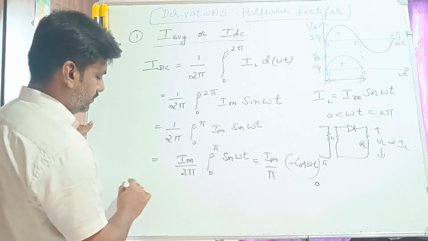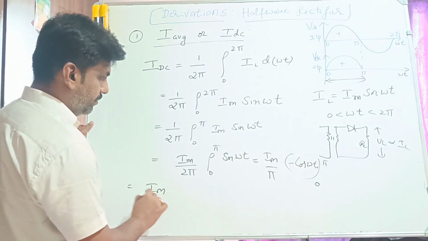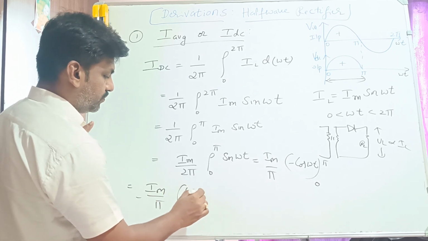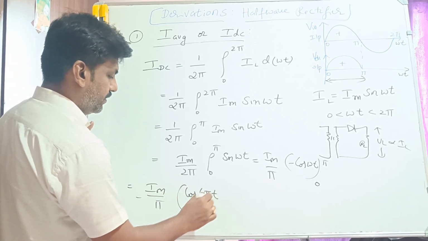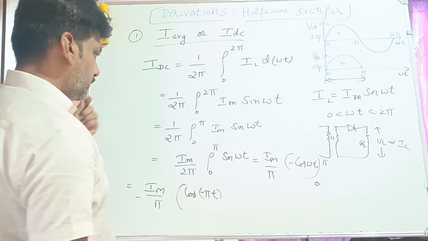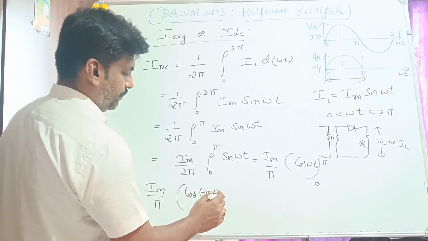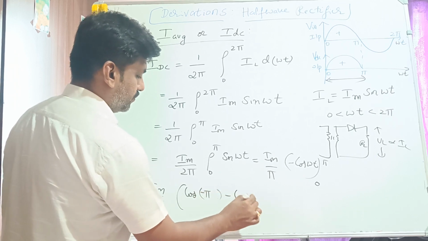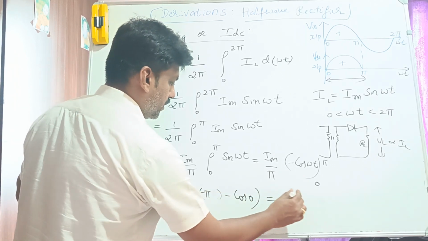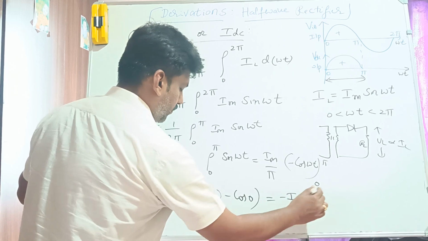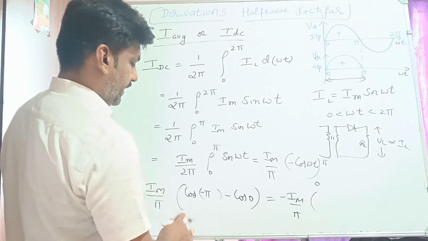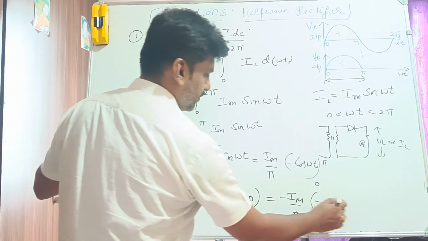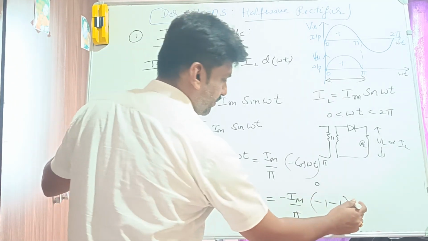So how to solve this? Im divided by 2 pi, minus, I will take it out, so it is cos pi, right? So cos pi, and here you can write it as minus of cos 0. What is the value of this? Minus Im by 2 pi. What is the value of cos pi? It is minus 1, and cos 0 is 1. Minus 1 minus 1 is minus 2.